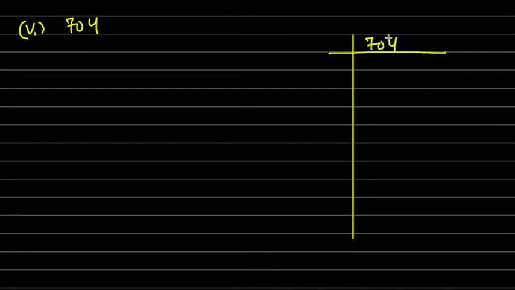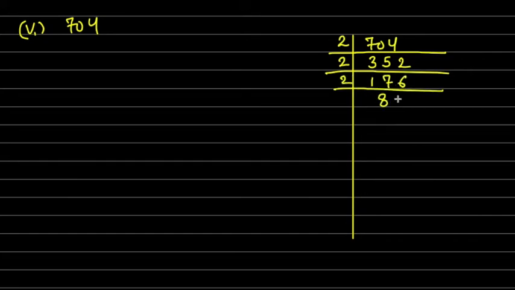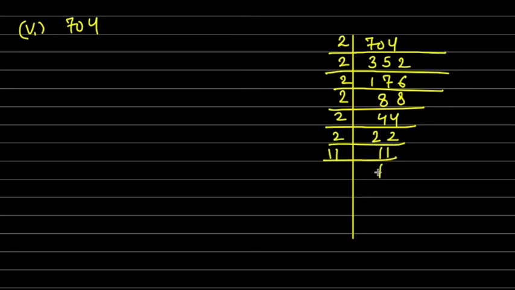Then you can verify your answer. So it is again divisible by 2. 2 3s are 6, 2 5s are 10 and 2 2s are 4. 2 1s are 2, 2 7s are 14 and 2 6s are 12. Then again 2 8s are 16, 2 8s are 16. 44, then it gives you 22, then it gives you 11 and 11 ones are 11.